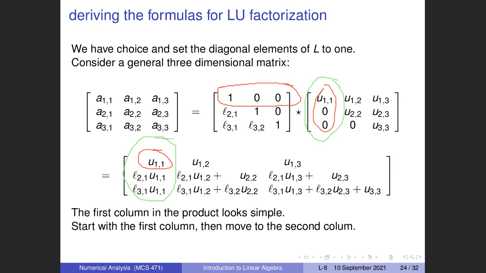And that first column has a lot of zeros. So that's actually the least expensive column to compute. You can also see from this matrix product how we can compute the LU factorization column by column. For the first column with the multipliers, once you have U11, you can immediately compute the two multipliers.